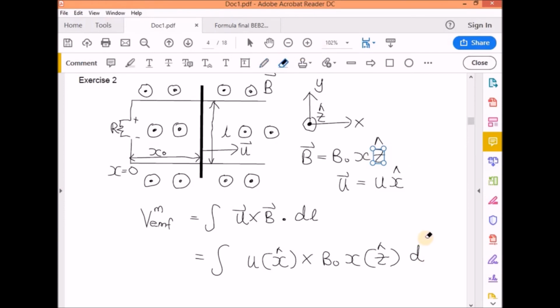So what is the dl? dl is the length of this sliding bar, something that can move. This dl, the length, depends on the value of Y. So here it will be dy.